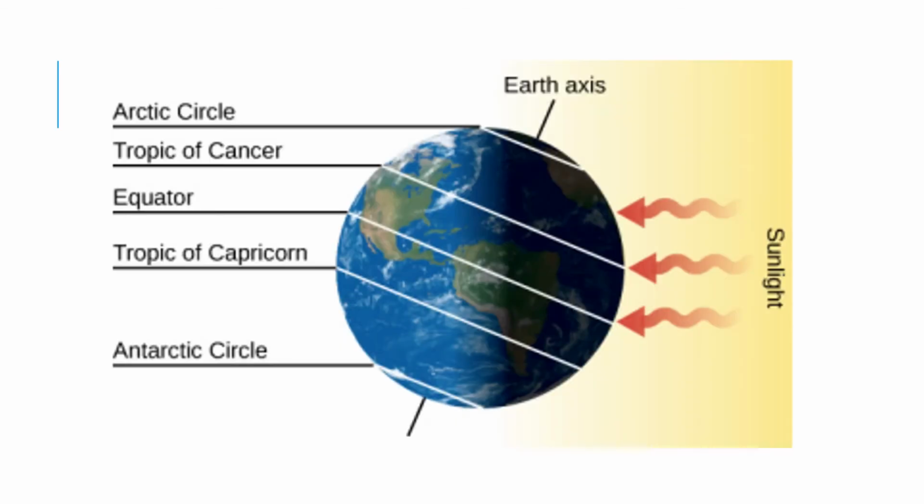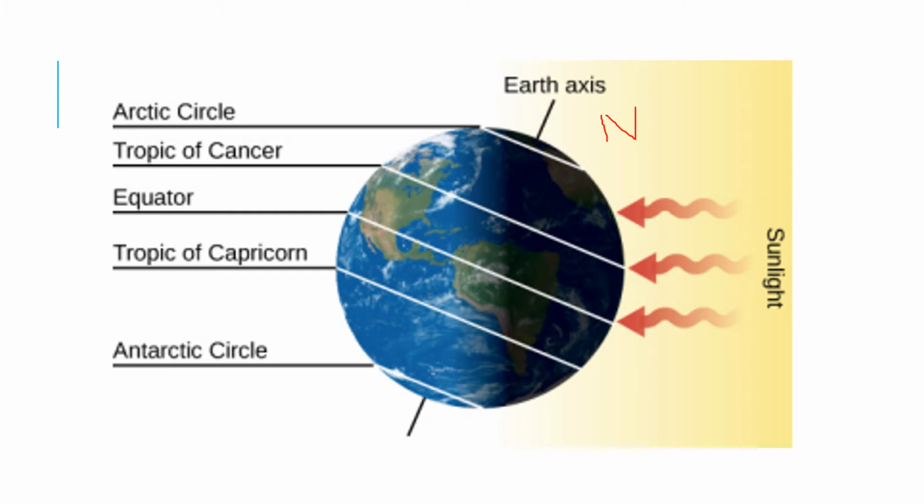Let's look at what the sun's illumination on Earth looks like at some specific dates of the year when these effects are at their maximum. On or about June 21, called the summer solstice or sometimes the first day of summer for those who live in the northern hemisphere, the sun shines down most directly upon the northern hemisphere.